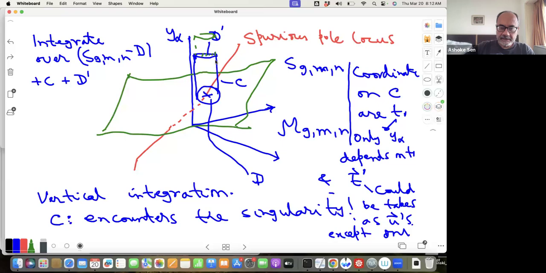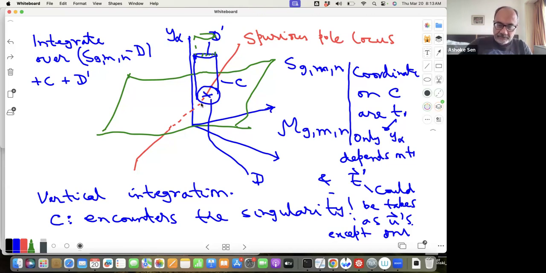Is this point clear? Then I can just use section independence to argue that it should be the same as C plus D prime, integrating over the base. Yeah, except that here you are applying this theorem on a singular integrand. Oh, okay. That's why, because this part is not quite well defined, right?